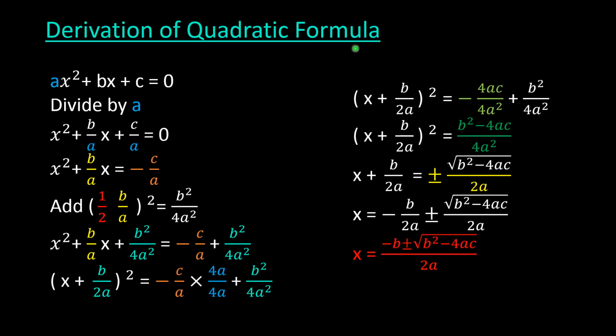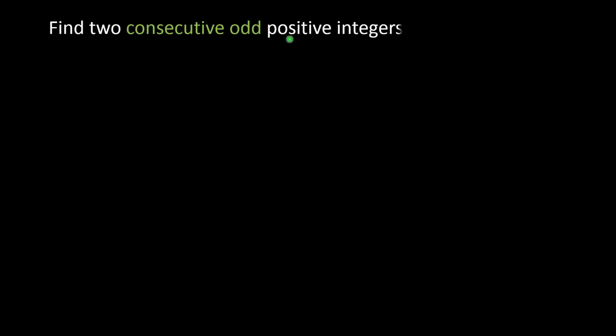Now we will solve a word problem. Find two consecutive odd positive integers, sum of whose squares is 290. Now consecutive odd positive integers means the integers which come one after the other and those who differ by 2, because any two odd numbers or even numbers differ by 2.